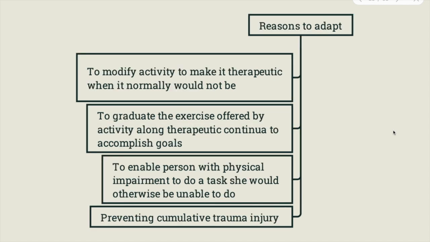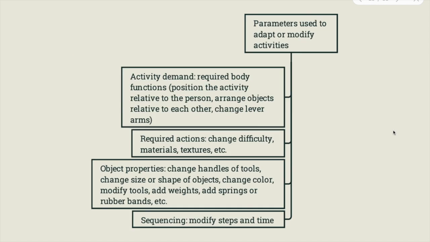Then reasons to adapt. One of the main tools of being a good occupational therapist is being able to adapt, being able to modify the activity in therapy versus what it normally would have been. And then parameters used to adapt: activity demand, required actions, object properties, and sequencing.